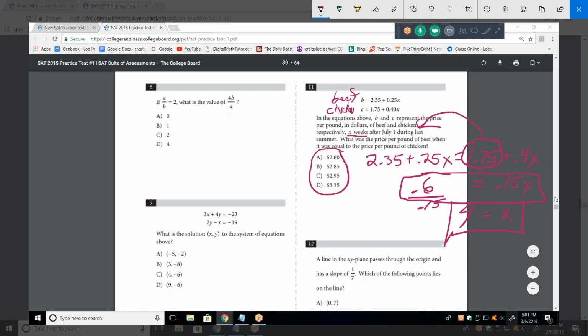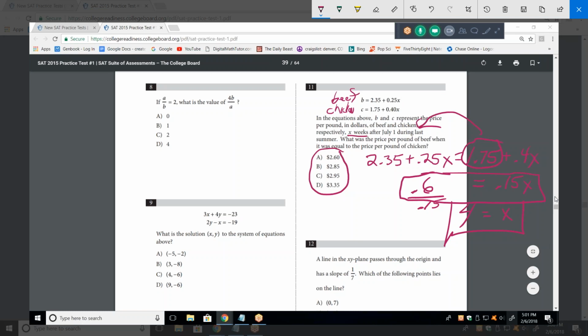That tells us they become equal 4 weeks after July 1st. So now tell me what that price is going to be. What's the easiest one to plug it into? Into 2.35 plus 0.25x. Why? Because 4 times 0.25 is 1. So what's the answer? 3.35. Yeah.